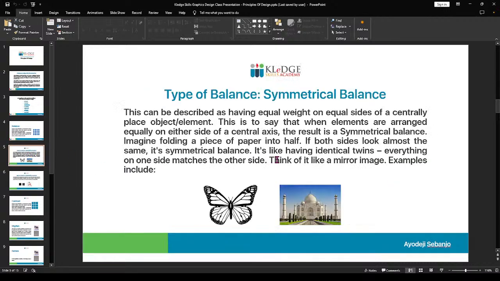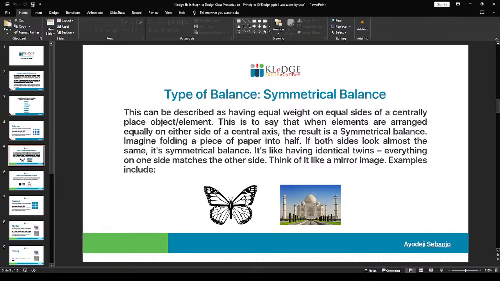We have the symmetrical balance. This is when all objects have equal weight distributed on equal sides. I hope that is not confusing. When you look at the images on the screen right now, we'll discover that the weight on the left hand side of this butterfly is the same and equal to the weight on the right hand side of the butterfly.